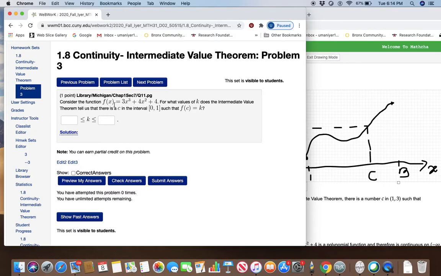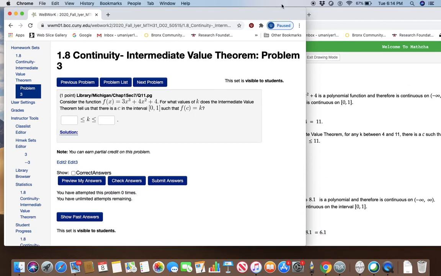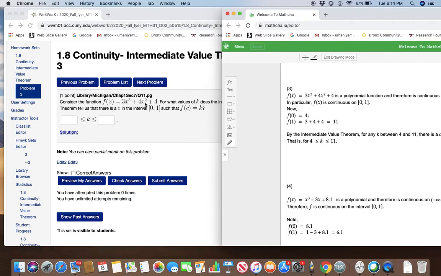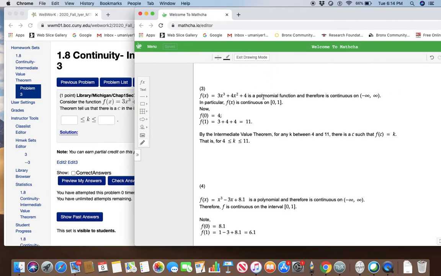Consider the function f(x) equals 3x cubed plus 4x squared plus 4. For what values of k does the intermediate value theorem tell us that there is a c? Okay, let's look at this one. Your function is 3x cubed plus 4x squared plus 4, which is a polynomial function, and therefore is continuous on the entire number line.